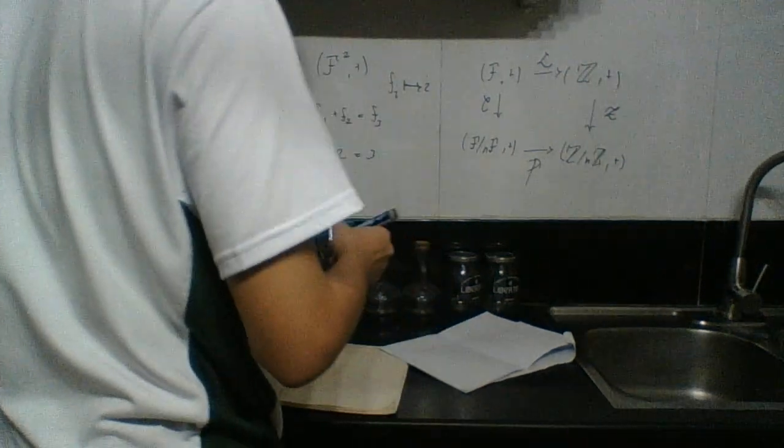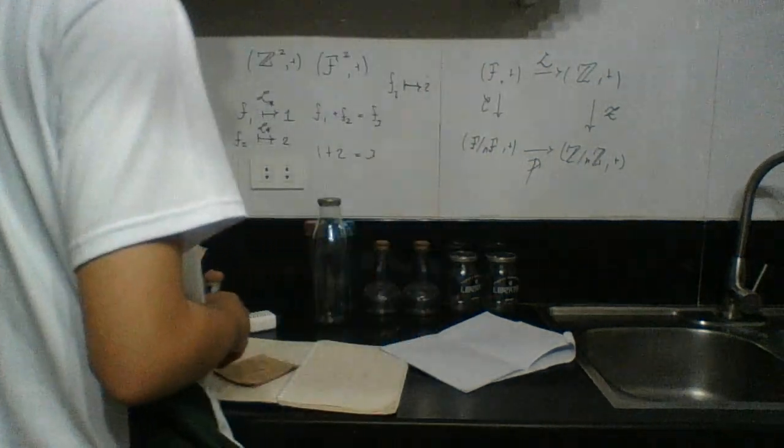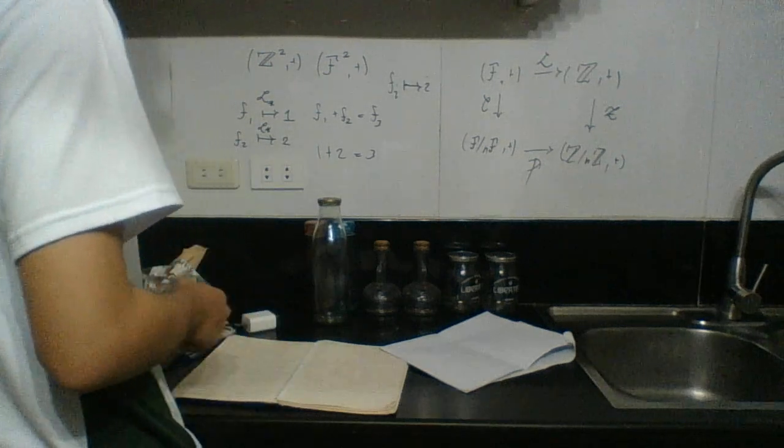Because we already established a while ago that every F sub I, or Femboy indexed by I, corresponds to some integer I. That is the fundamental law of L here, of our mapping or our isomorphism between these two sets or these two structures.